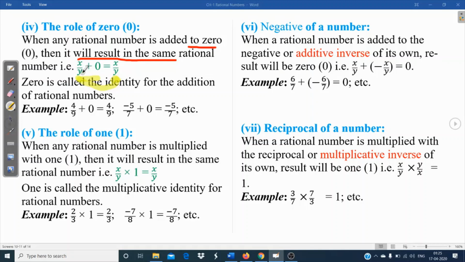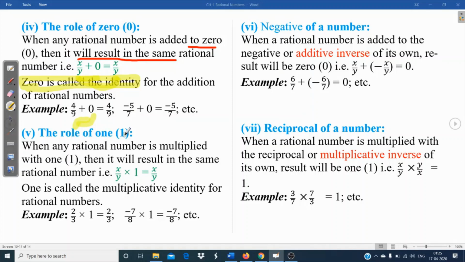This 0 is called the identity of the addition. Now we will consider one example, 4 upon 9. 4 upon 9 is one rational number. In this rational number we are adding 0. So 0 is added to this rational number, you will get the same rational number 4 upon 9. So this is called role of 0.